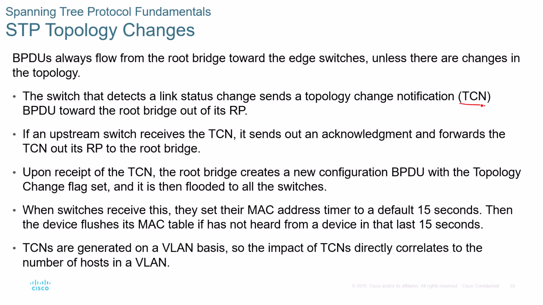So if there is no topology change, root bridge down. If there is a topology change, it will be that change going back to the root bridge. So if an upstream switch receives a TCN, it will send out an acknowledgement and forward it out the root port to the root bridge, and then it will take it all the way.